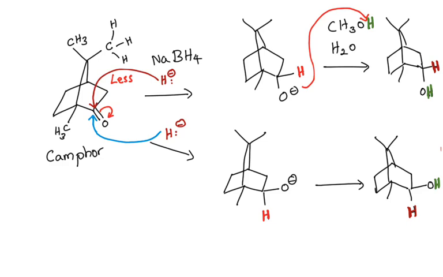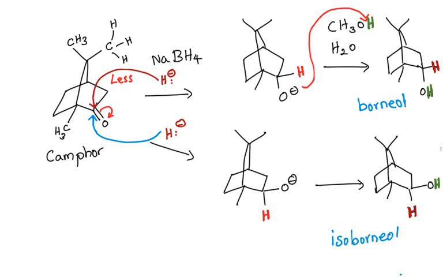Okay, the one on the top is called borneol, right? It is also a compound that gives a pungent smell and used as a medicine for cold and topical cream. Okay, and this is isoborneol.